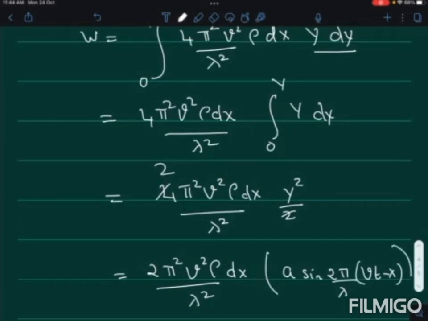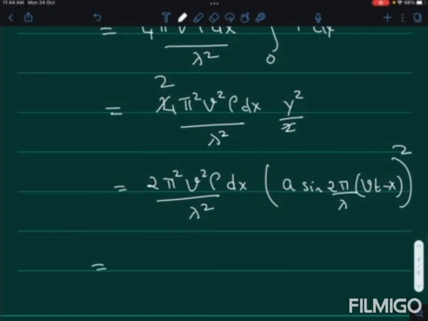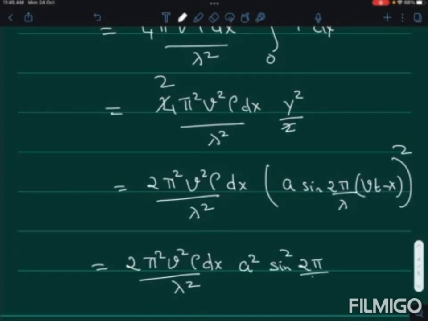So this is equal to 2 pi square v square rho dx by lambda square into a square sine square 2 pi by lambda (vt minus x).